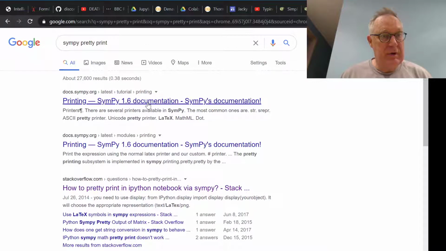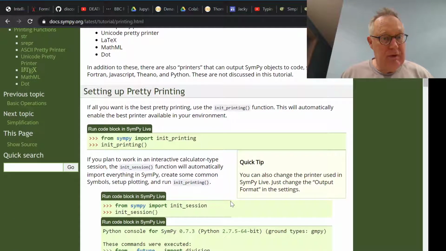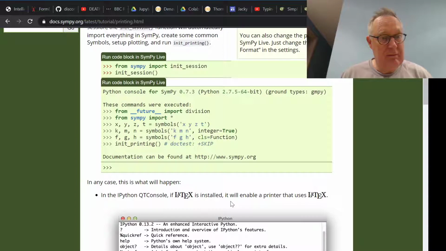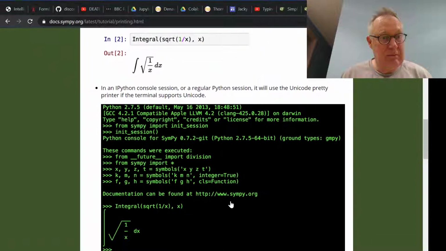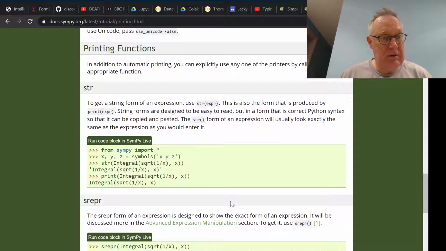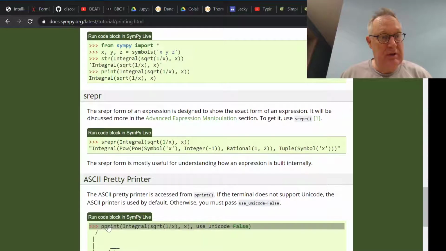See if there's a pretty print. Init printing. Pprint. Okay.